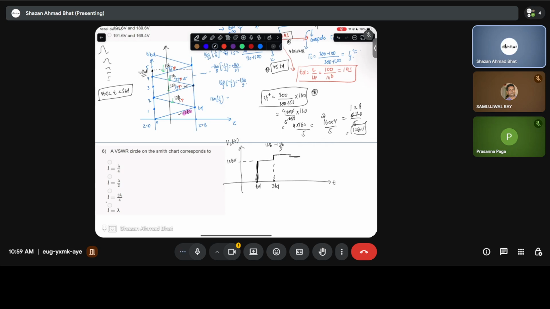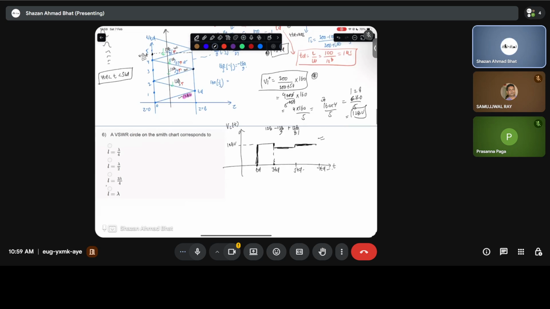Then it'll be plus 128 divided by 81, this particular thing. That can be done. So it's initially going like this, and then it's slightly reducing, and then slightly increasing. It's basically 3TD, then this is 5TD, then the next one will be 7TD, which is not of our concern.